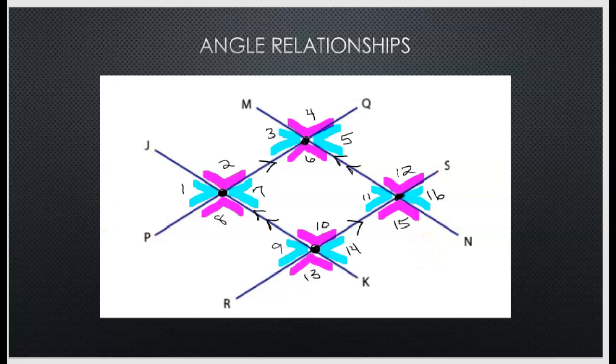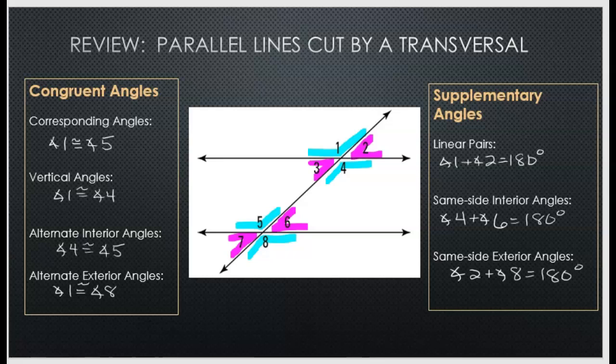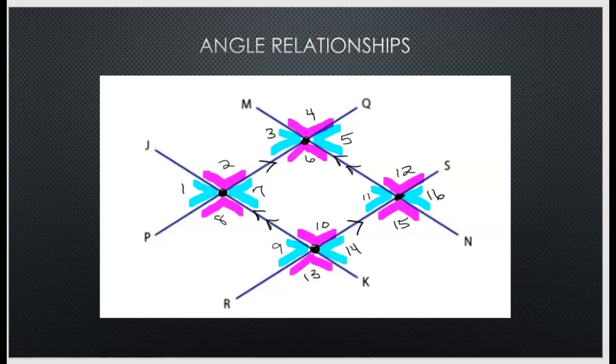But based on the angle relationships that came out of the parallel lines cut by a transversal video, I'm just going to flash back to what I had a couple slides ago real quick. Here are parallel lines cut by one transversal, and now we're expanding that to parallel lines cut by two transversals, but all of those angle relationships are going to hold, okay? So we're talking about angles 1 and 7 being vertical angles, and 3 and 5 being vertical angles, and 11 and 16 and 9 and 14 and so on and so forth, okay?